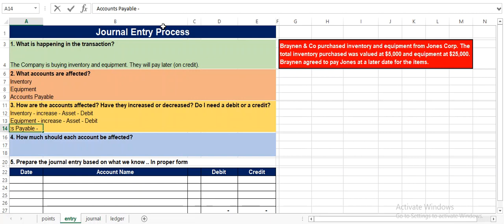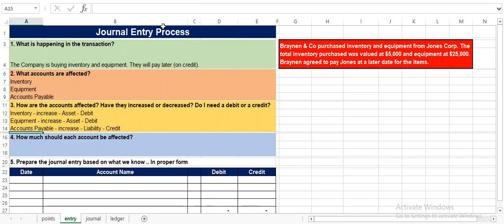Well, if we think about it, that just means that we owe Jones Corp an additional amount later. So we're increasing the value that we owe to somebody. So accounts payable would therefore increase. We know that accounts payable is a liability account, and to increase a liability account is the exact opposite of increasing an asset, which means we have to credit.